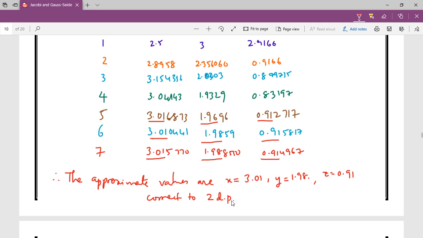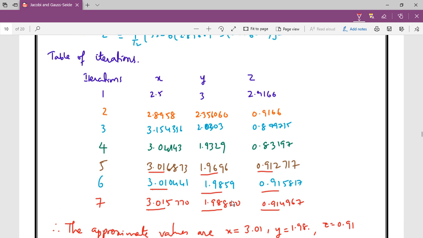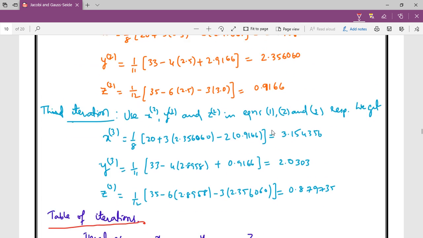If the required degree of accuracy is 3 decimal places, then we have to continue the iterations. The table of iteration helps us understand the convergence, and we can write this way in the exam also.